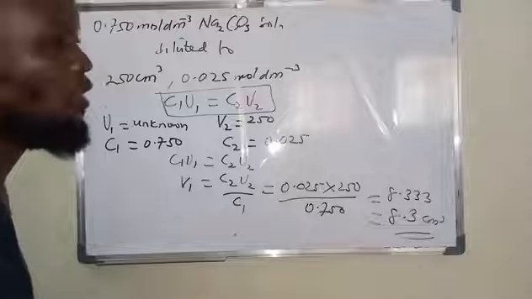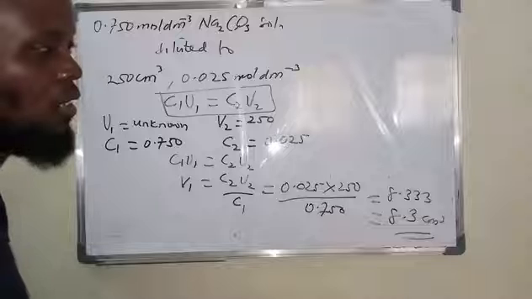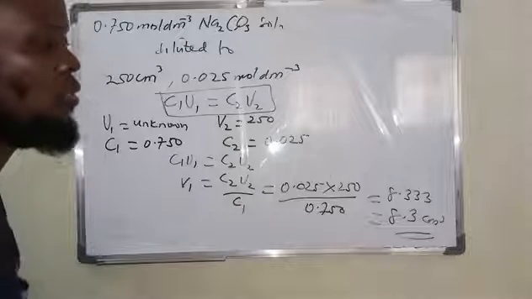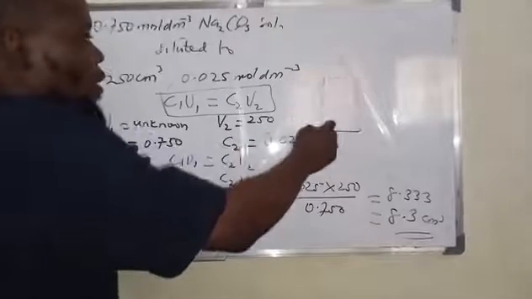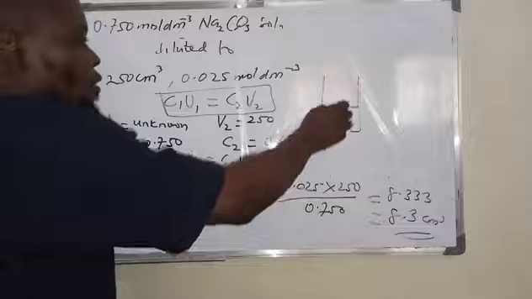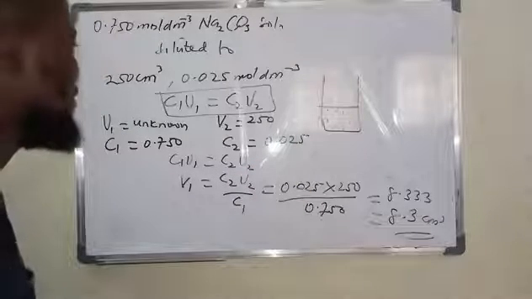In case you are confused as to which is which, maybe you are given two volumes, the final volume V2 is the larger volume, because when you dilute, you are adding, just like you have a cup of tea with added sugar. You have added too much sugar mistakenly, and it makes it too sweet.